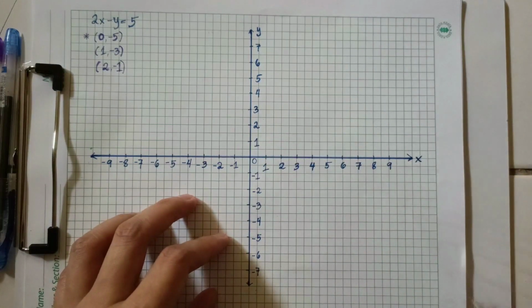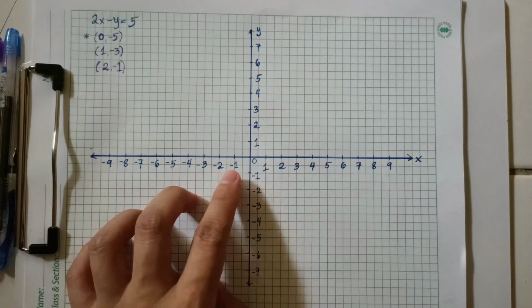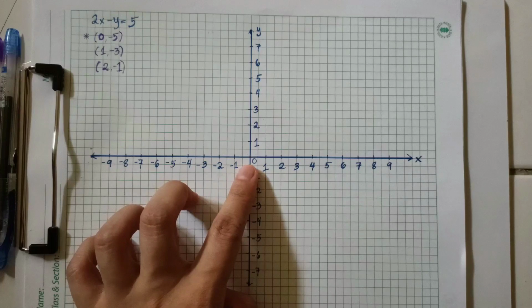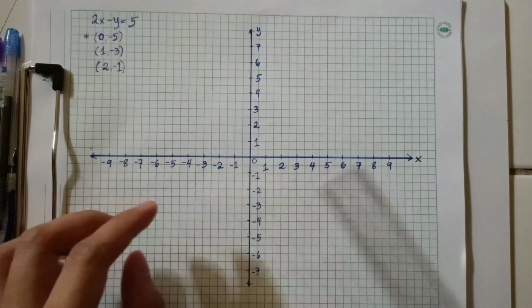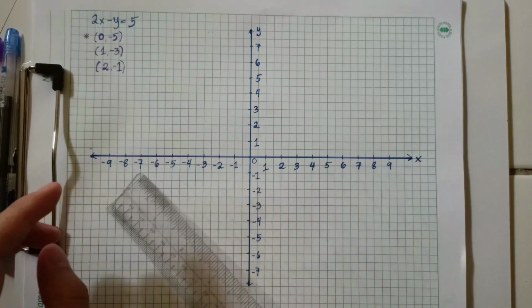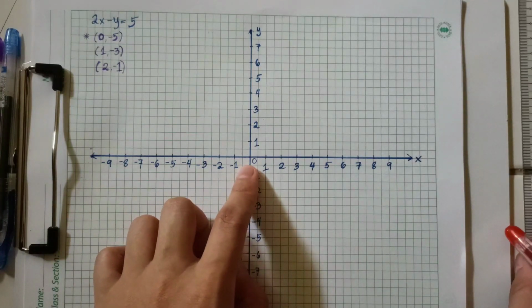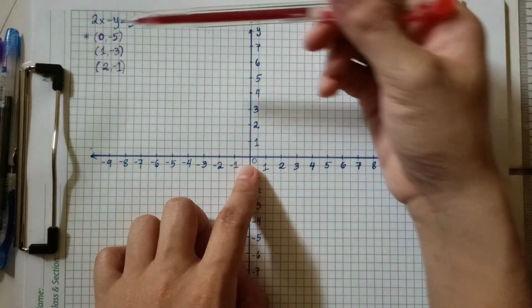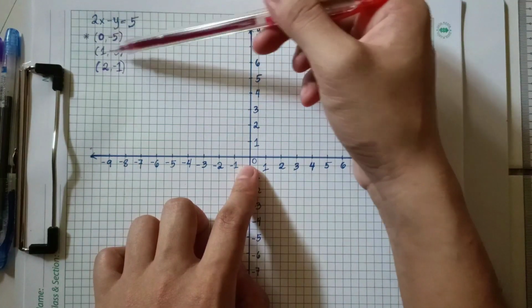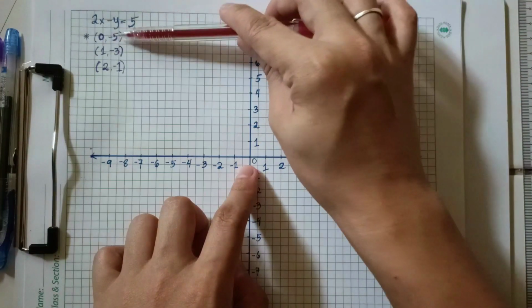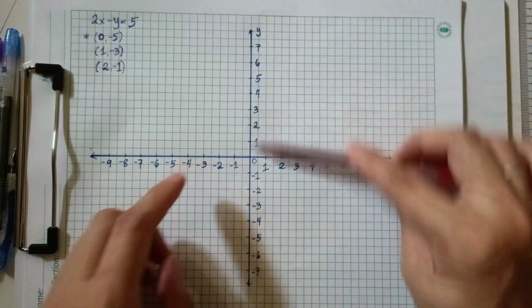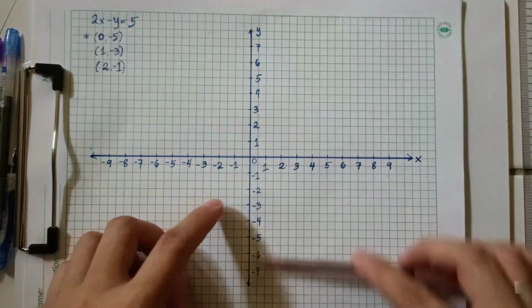So the 0 on the x-axis is here. Right? If you follow the horizontal, we have here the 0 on the x-axis. Next, the -5 on y. Since it's on the y-axis, you look for it on the vertical axis.